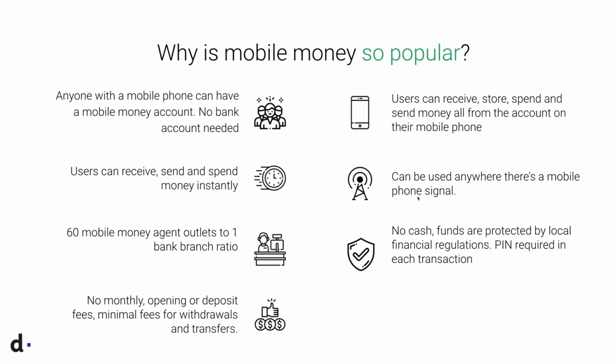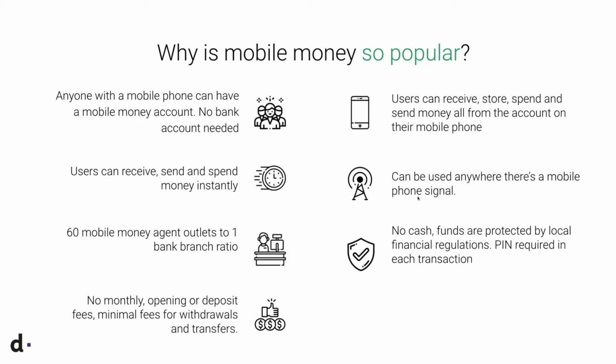Once the information is validated by the company, the user can start receiving, sending, and spending money instantly from their mobile money account. As I mentioned before, there are 60 mobile money agent outlets for every single bank branch. If we compare that to bank branches and ATMs, that would be about 20 to 1. So the ratio is still really high.